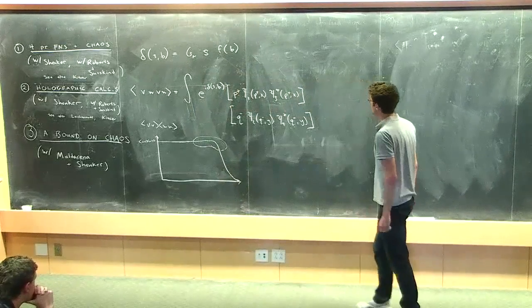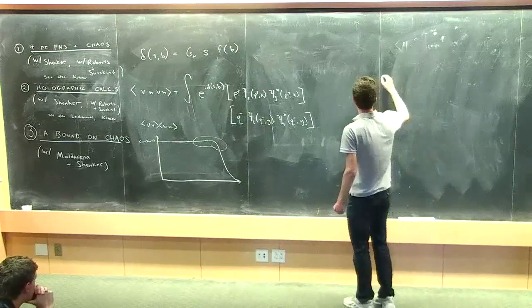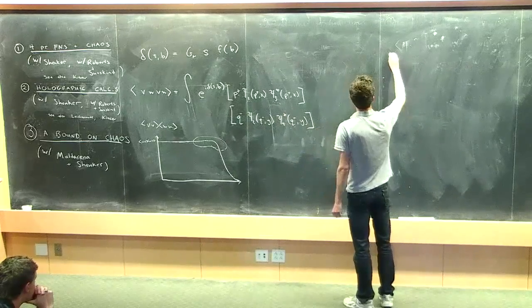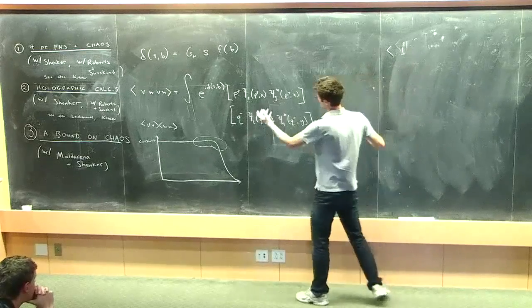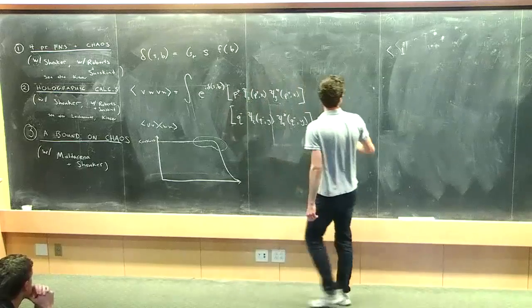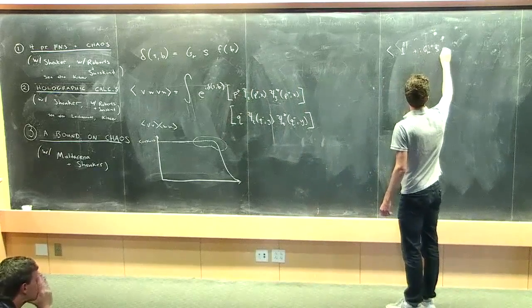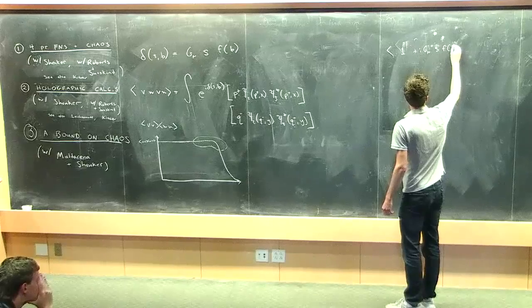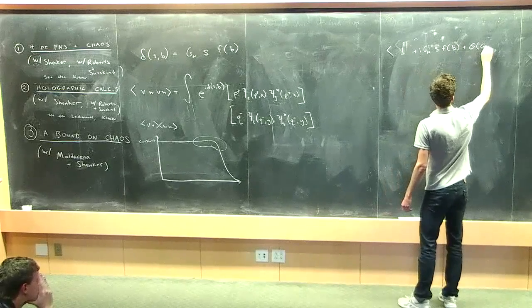We can estimate the behavior of the 4-point function in this region by expanding out that exponential. What we have is the expectation value with all these wave functions of 1 plus i g Newton s f of b plus order g Newton squared.